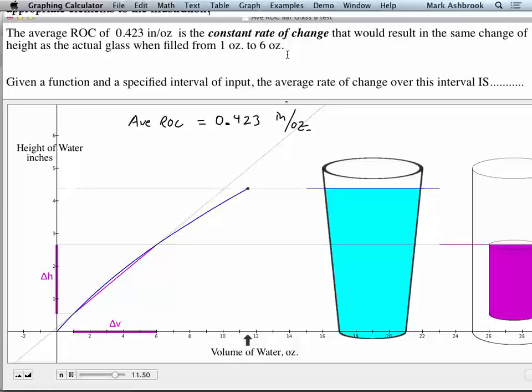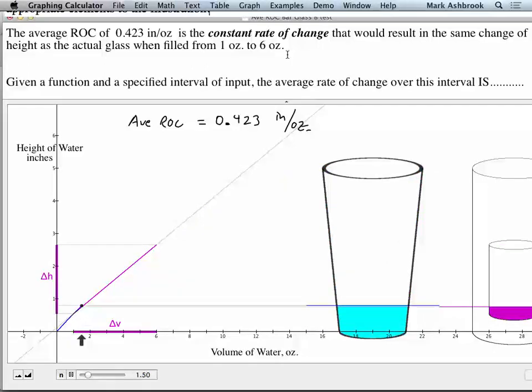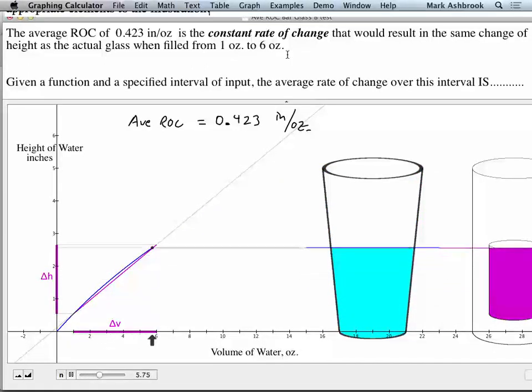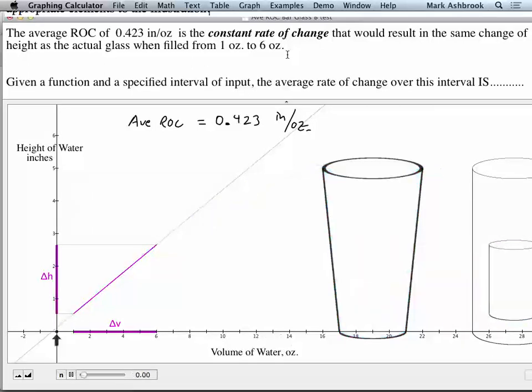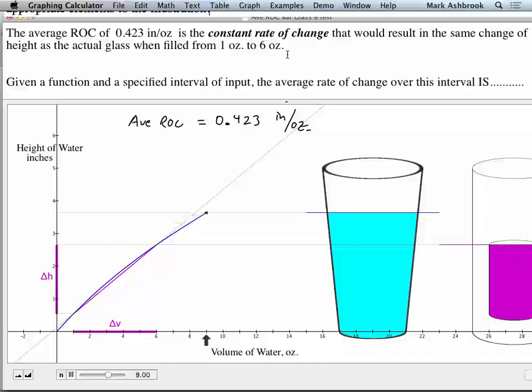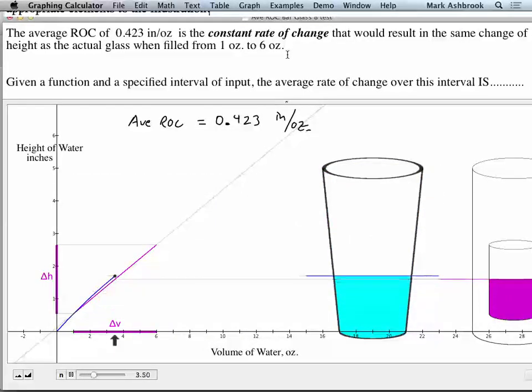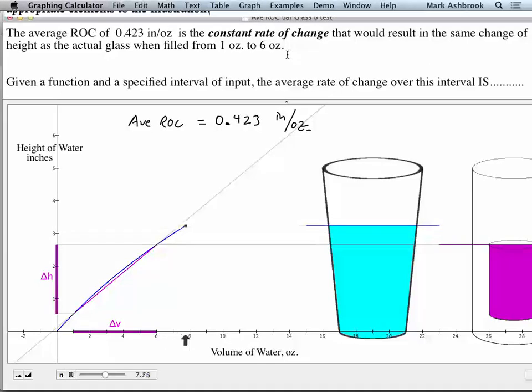Which constant rate of change is it? In terms of the input and the output. It's constant rate of change in the output. Yeah, but it's the constant rate of change that does what relative to input and output? Yeah.